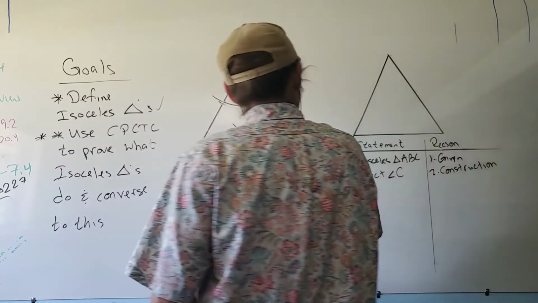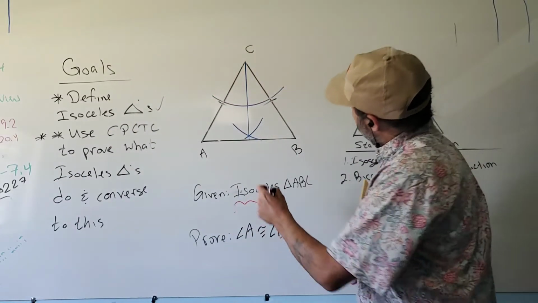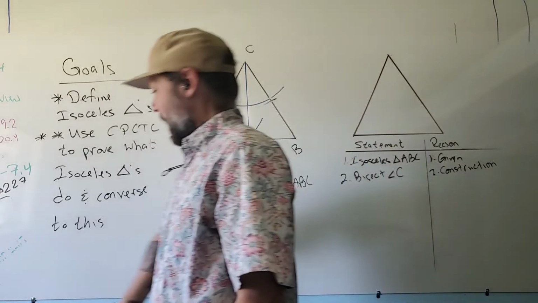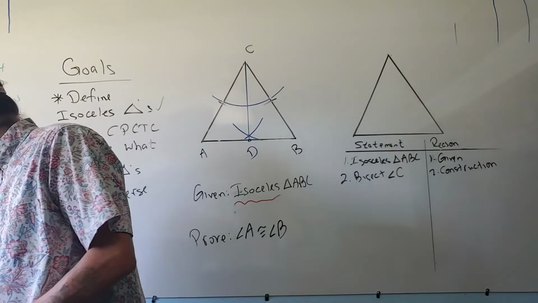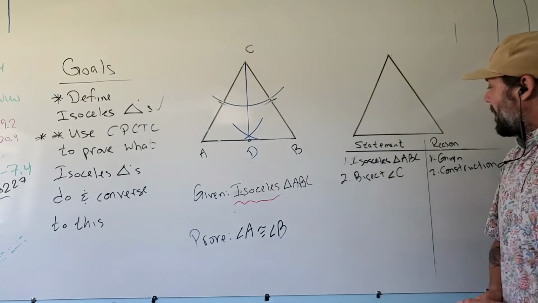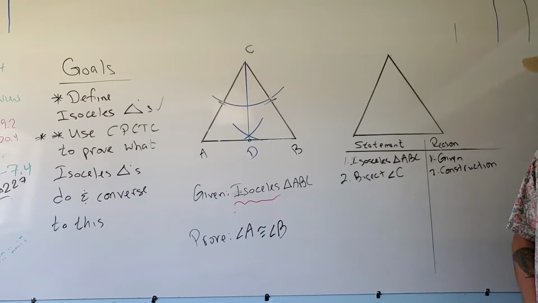This angle bisector will say hits the triangle at point D. All right. So now I've actually set up enough that we can go ahead and make this congruent triangle argument. So let's see here.